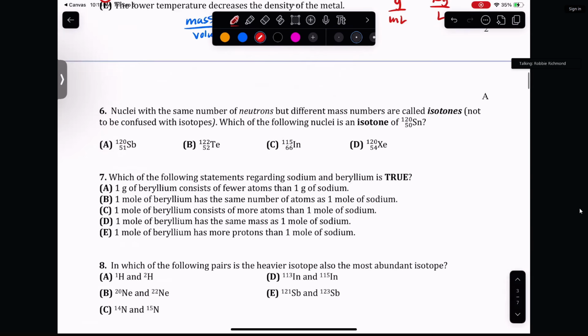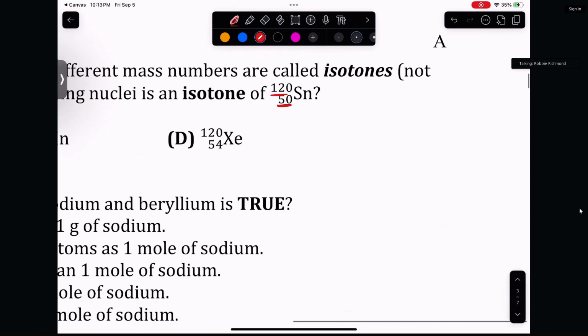Cool. Number 6, nuclei symbols with the same number of neutrons. That's important, but different numbers of protons are called isotones, not to be confused with isotopes. Which of the following nuclei is an isotone of this, which is tin? Okay, just to go over a basic nuclei symbol, I'm going to denote X as our element.